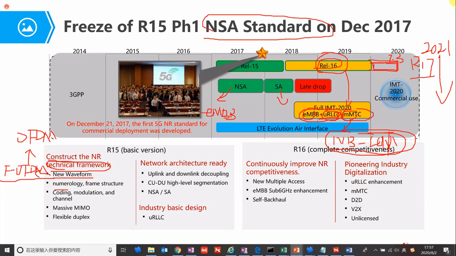Just NB-IoT. You mean LoRa and Sigfox can be the NB-IoT? No, NB-IoT, just NB-IoT. Different standard, different technology.